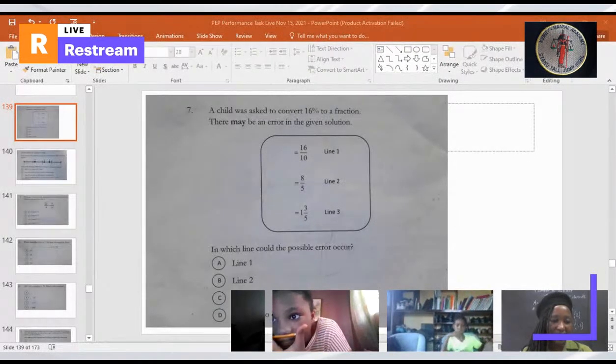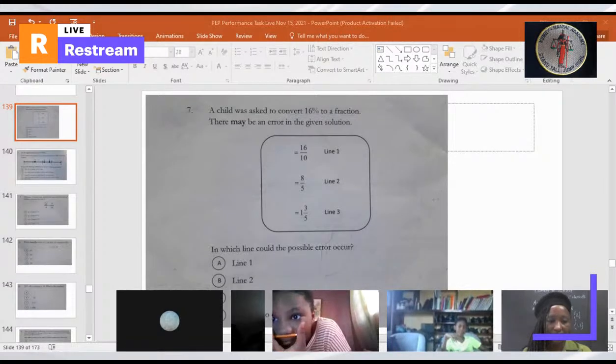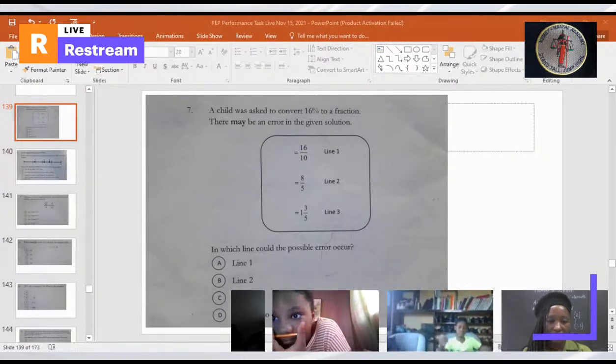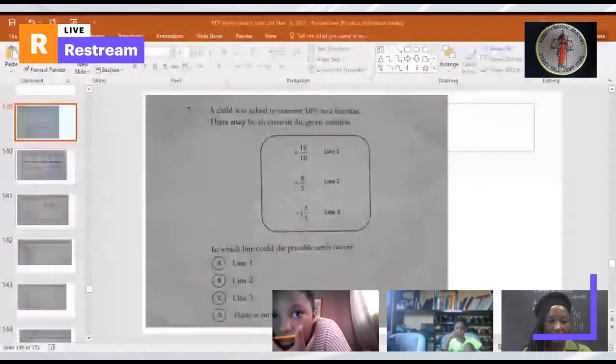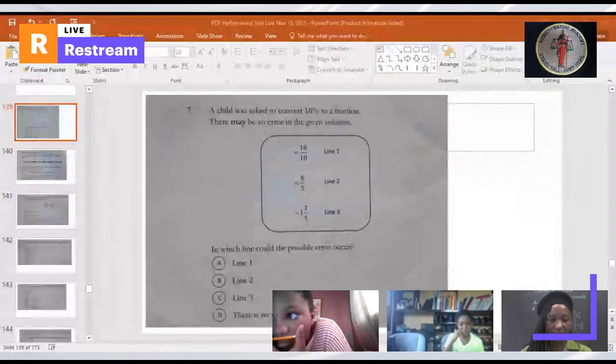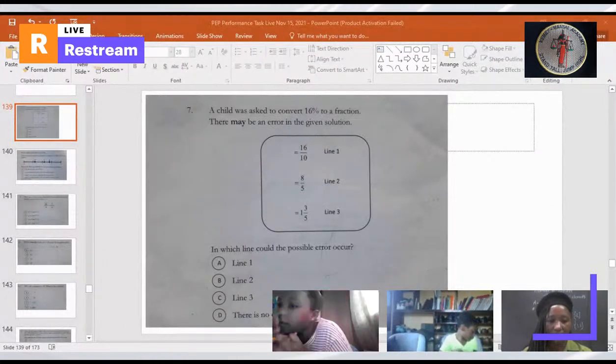Jaden, your camera on. Where was the error made, Amari? Miss, the error was made in, Miss, line 1.